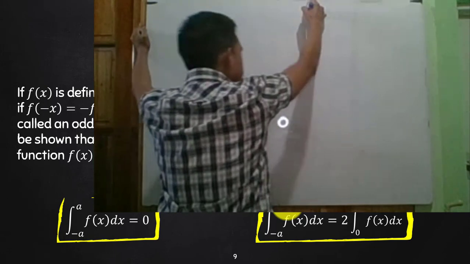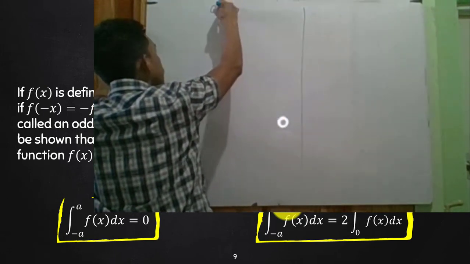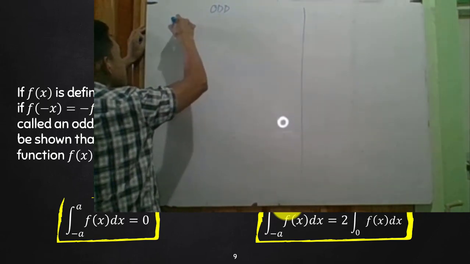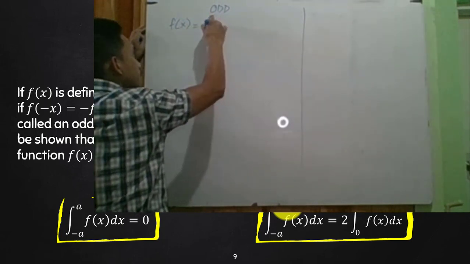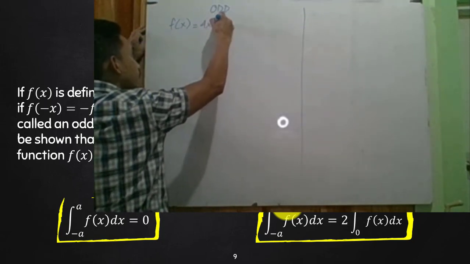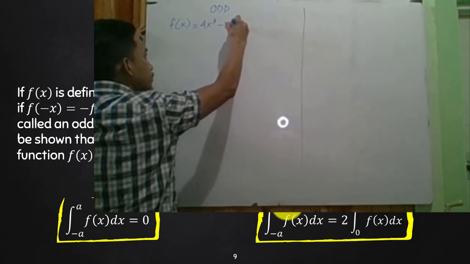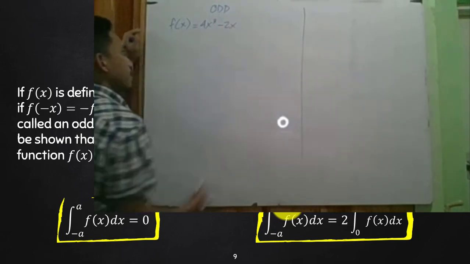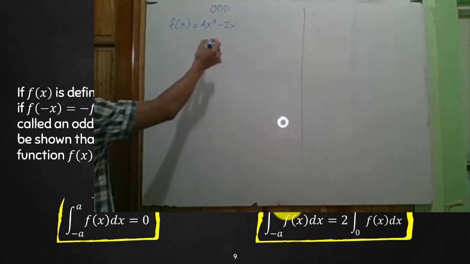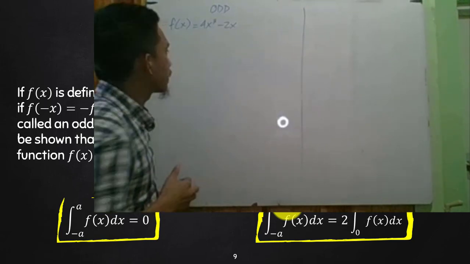Let's start with odd. An example of odd is this. Let's say our f of x is 4x cubed minus 2x. So how do we know that this is odd?